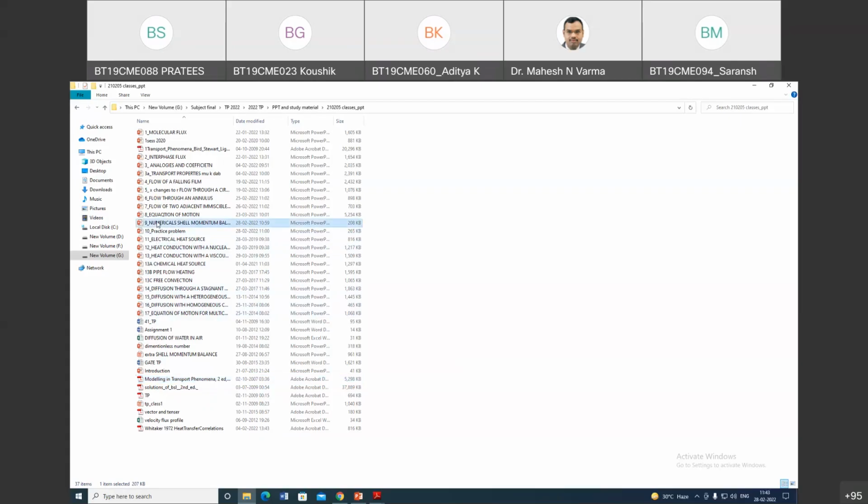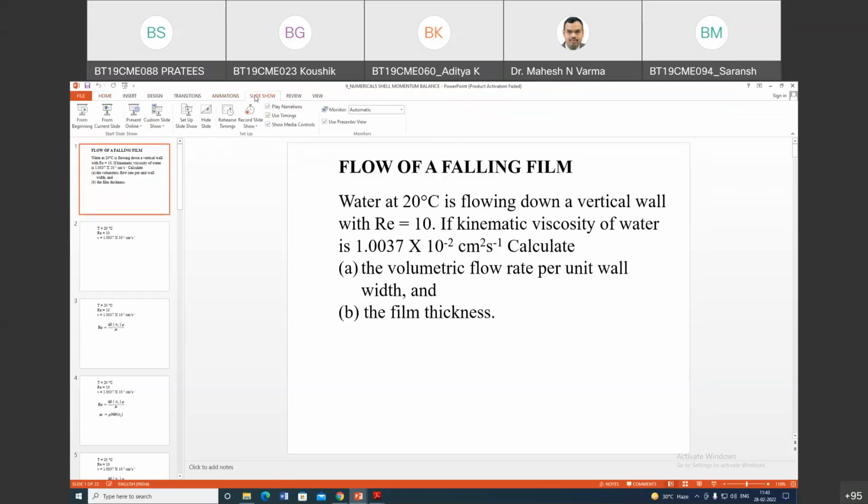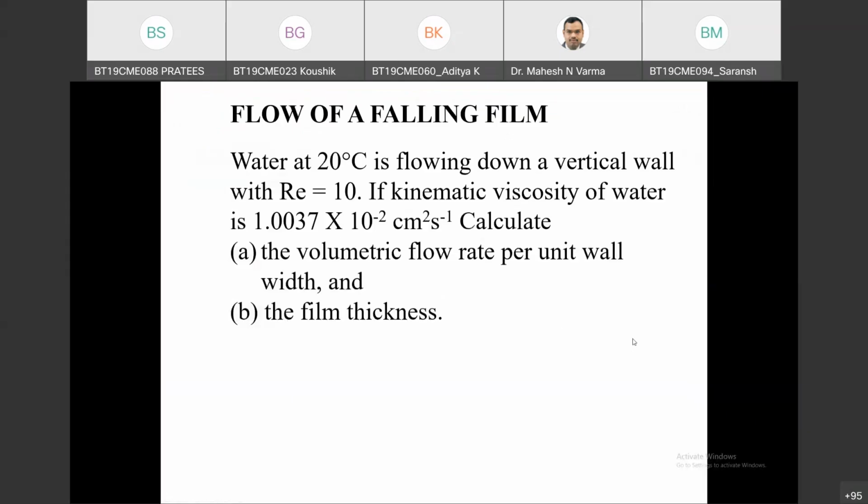So we can solve some of the numericals. It is very simple actually. You take down the given data, put in the values and get the answer, only if you systematically take out all the data. So this is a vertical wall. Water at 20 degrees Celsius is flowing down a vertical wall.